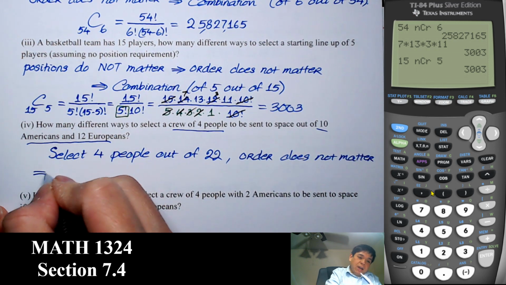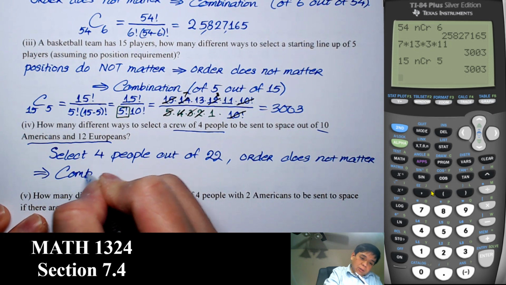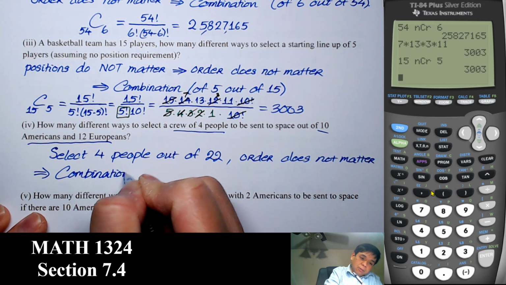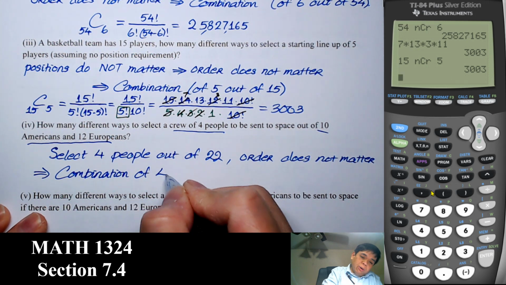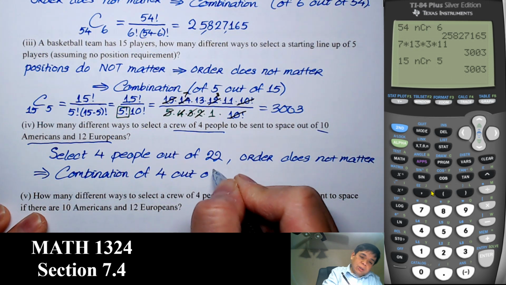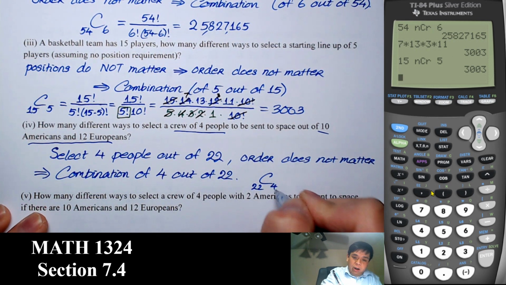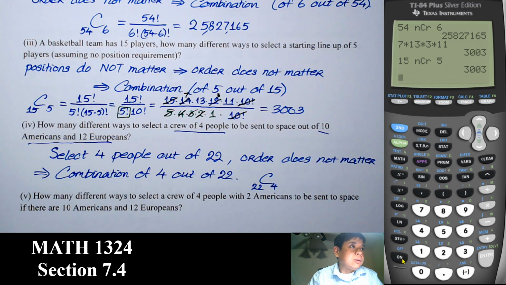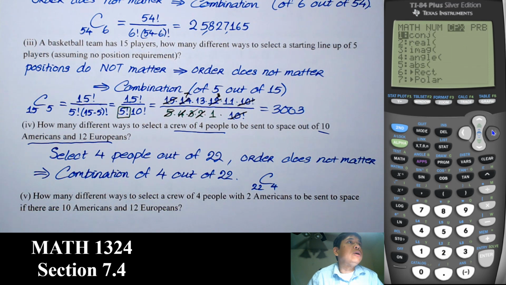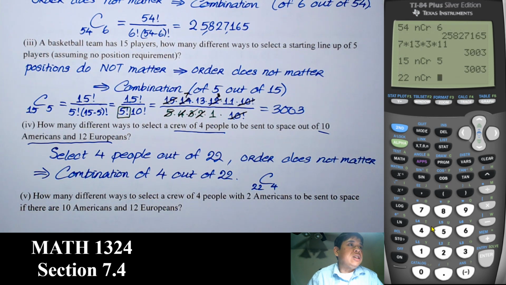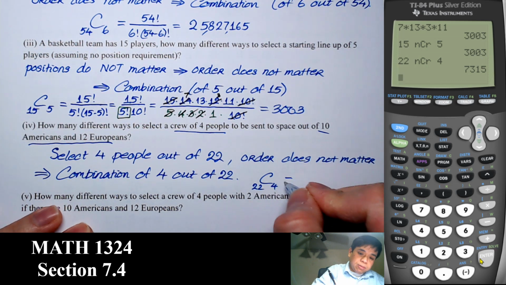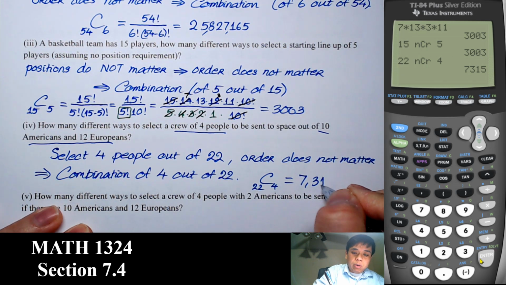So that means we have combination of 4 out of 22. That gives us 7,315.